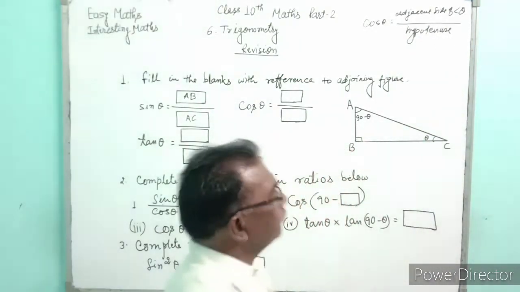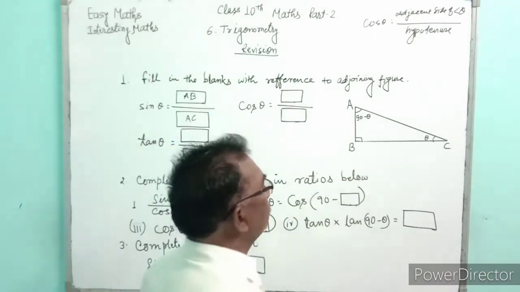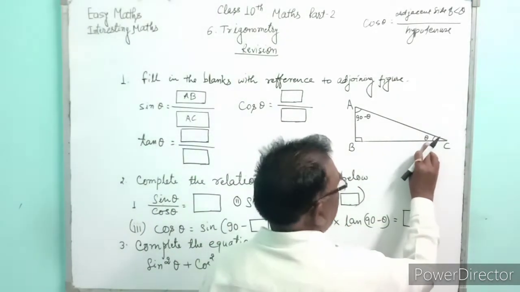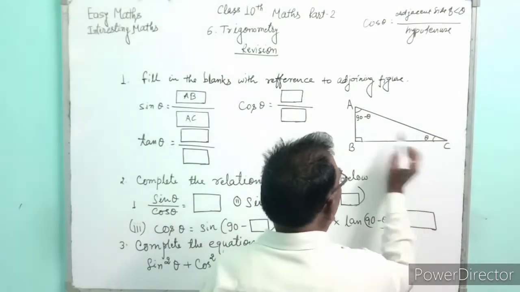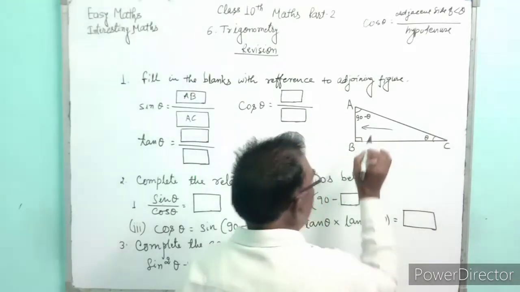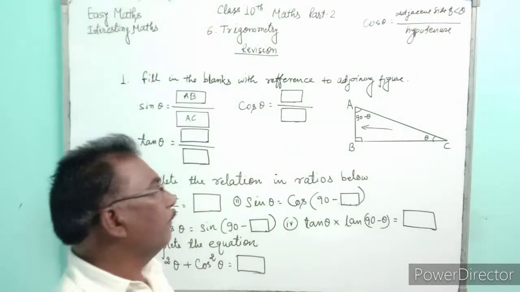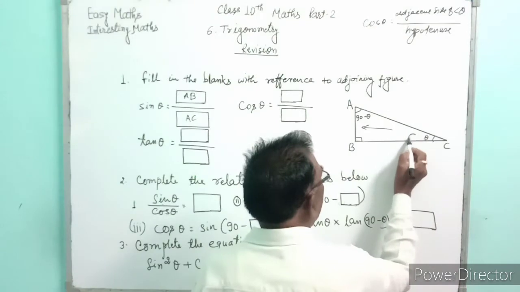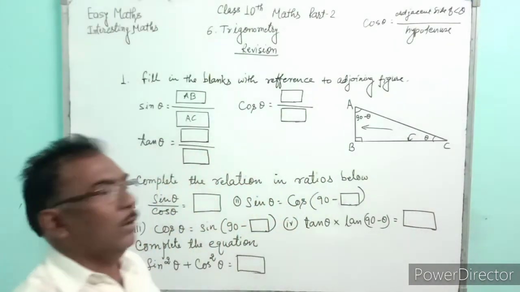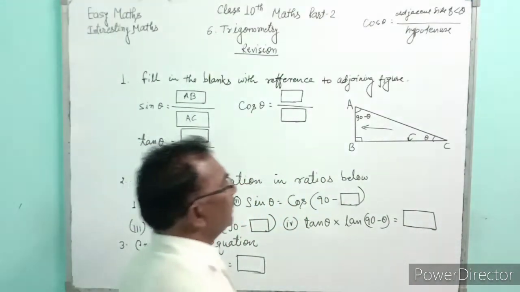In this figure, in triangle ABC, this is angle theta. Therefore, AB is the opposite side of angle theta and BC is the adjacent side of angle theta.